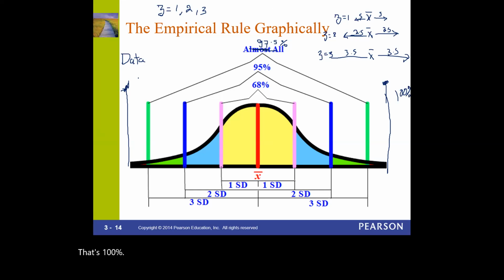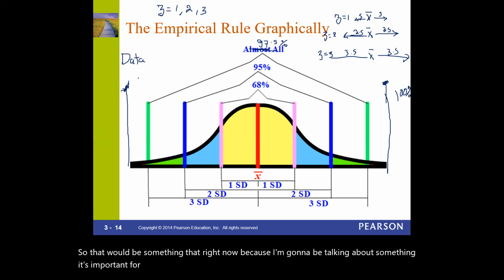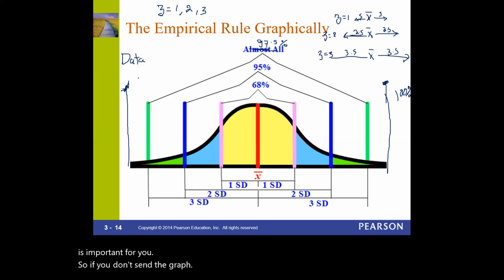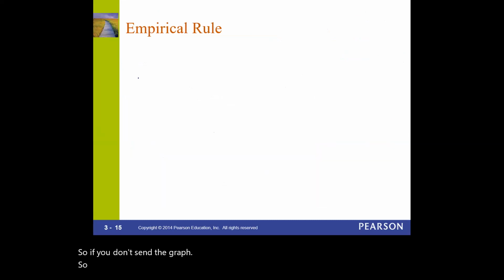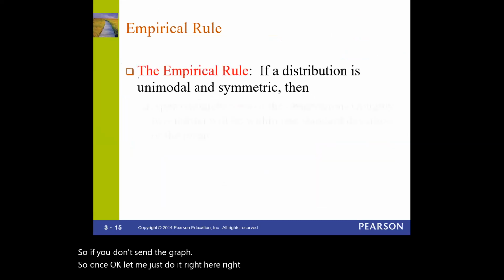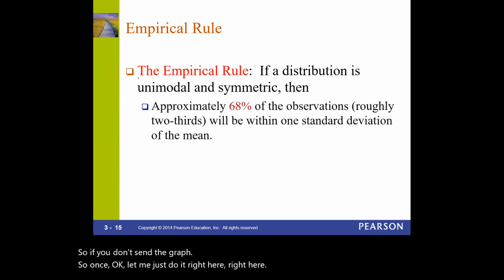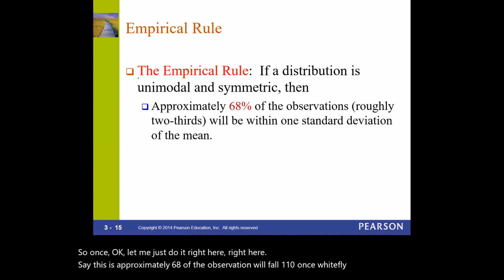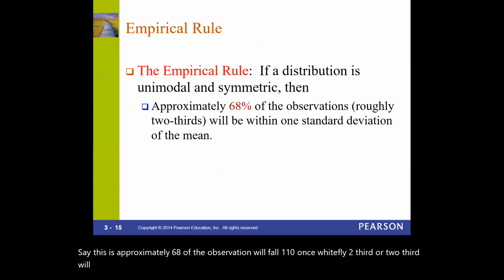That is what I'm doing right now, because I'm going to be talking about something that is important for you. If you don't understand the graph, let me just do it right here. Approximately 68% of the observations will fall within one standard deviation of the mean, roughly two-thirds.